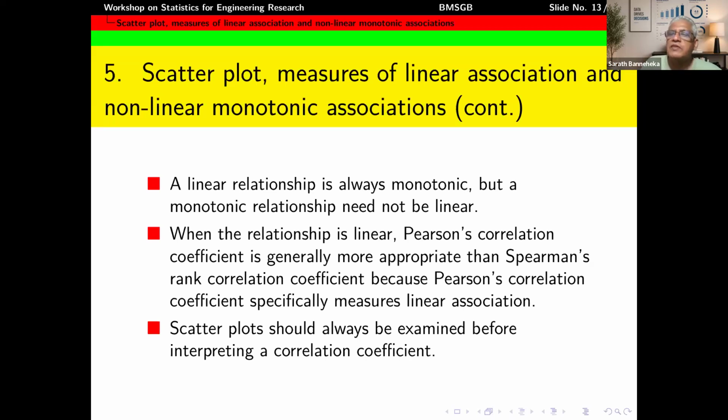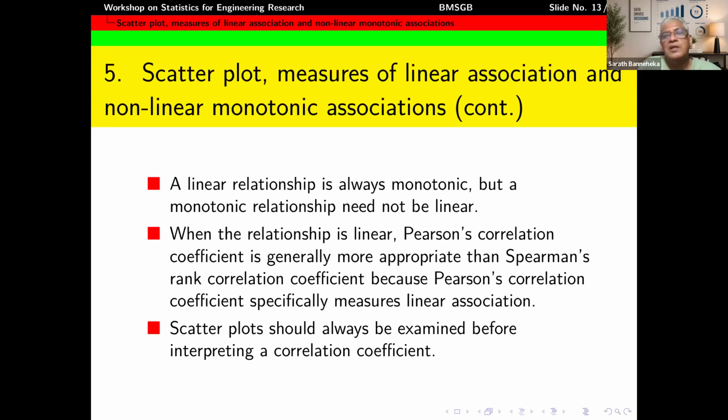But when there is evidence of a non-linear but monotonic relationship, the better measure is Spearman's correlation coefficient. When the relationship is linear, Pearson's is generally more appropriate than Spearman's rank correlation coefficient, because Pearson's specially measures the linear association.